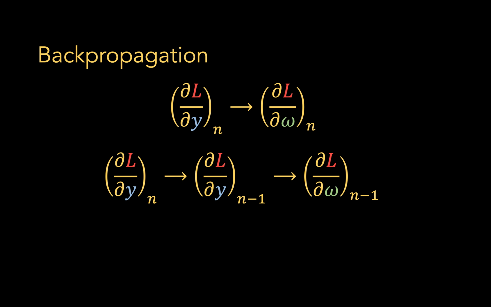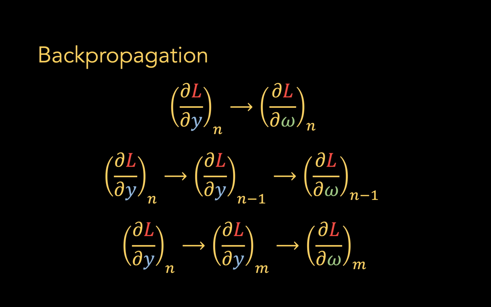And so, of course, from this, we can then find the value of dL over dω as well for layer n-1. And if we do this iteratively, we could then find dL by dω for any layer m in the network. And in this whole process, we can see that this step highlighted here is crucial.